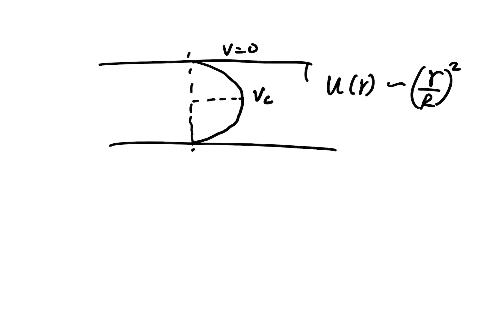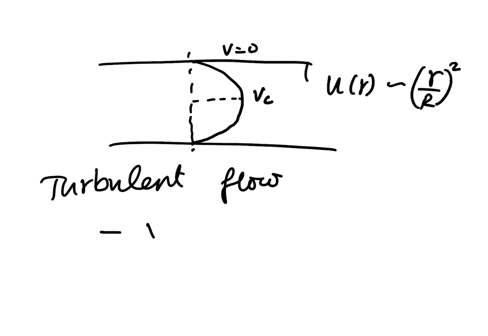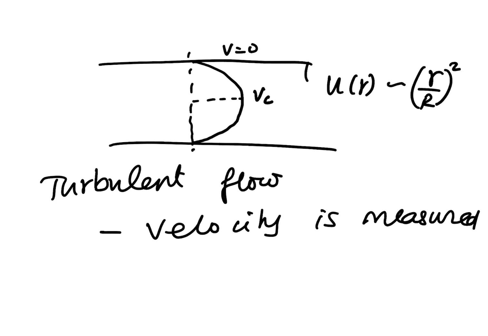It's a parabolic velocity profile. In a turbulent flow, it's very hard to calculate the velocity profile from simple theory. Often it is measured, because computation or calculation is not easy.